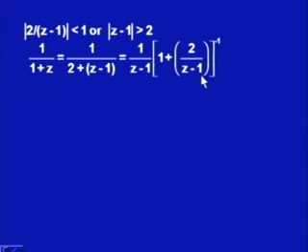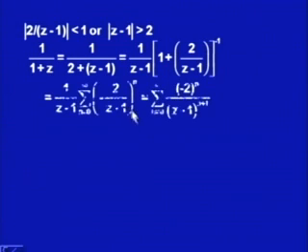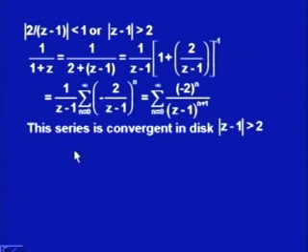Here 2 upon (z minus 1) is less than 1, so we can again expand in power series, and we will have 1 upon (z minus 1) summation n equal to 0 to infinity, and here we have (minus 2 upon (z minus 1)) raised to power n, and the series will be summation of (minus 2) raised to power n divided by (z minus 1) raised to power n plus 1, n taking values from 0 to infinity. So, this series is convergent in the region when modulus of z minus 1 is greater than 2.